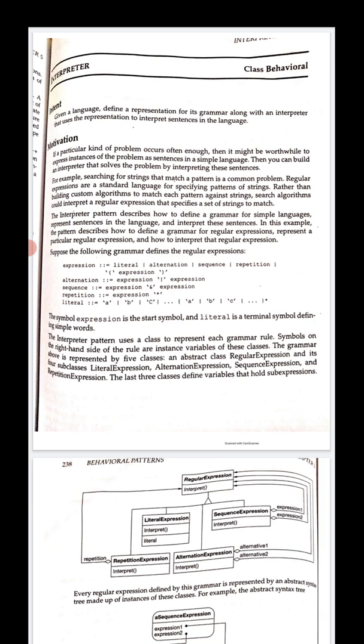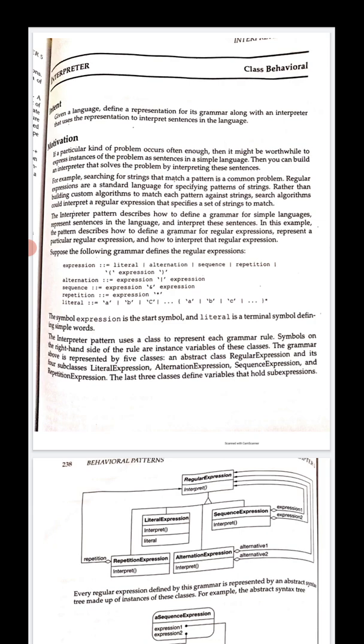It is an important point that the interpreter provides a way to evaluate language grammar or expression with context. So it is mainly useful for developing domain specific languages, or we can say notations.